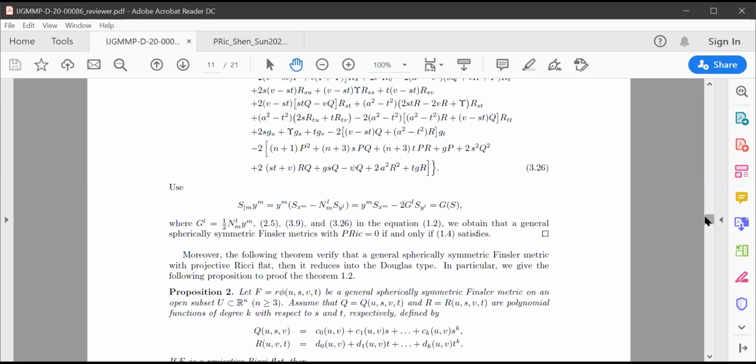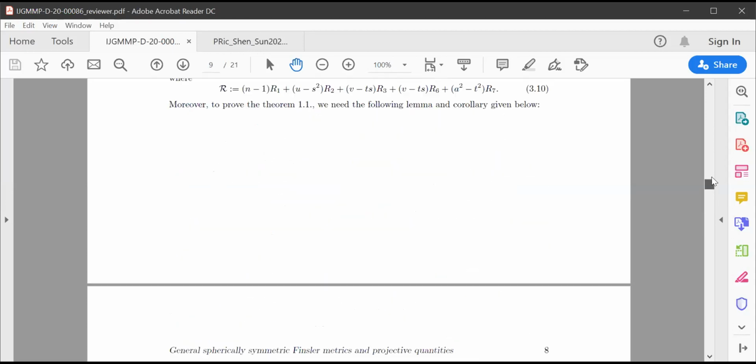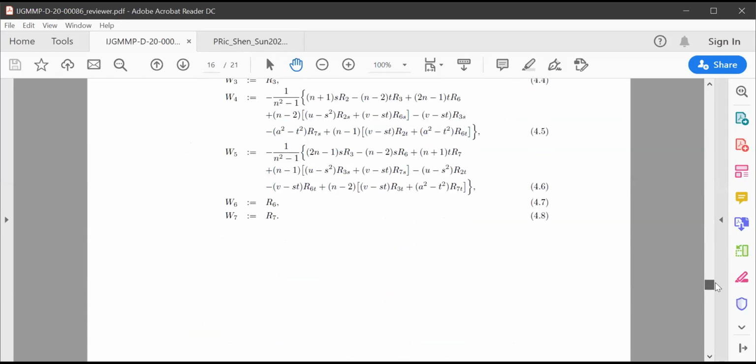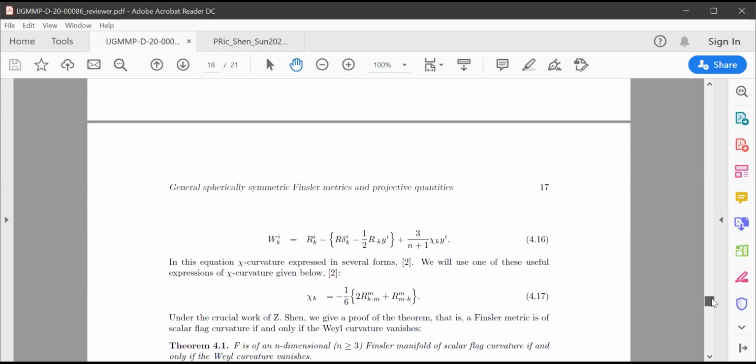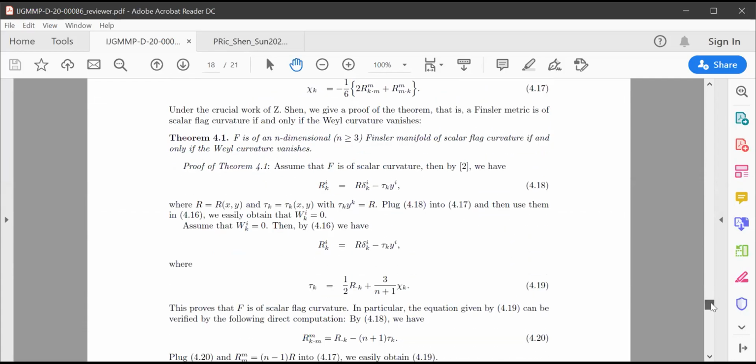The Weyl tensor part shouldn't be in the paper. I don't know how that made it into the same paper.